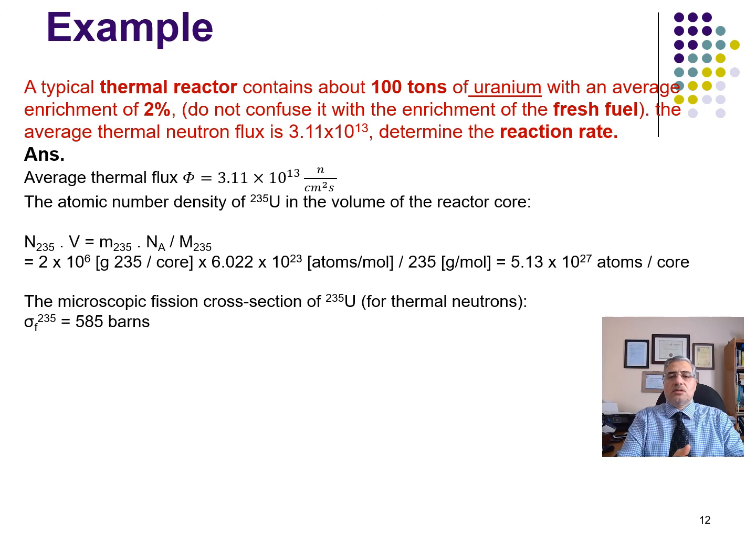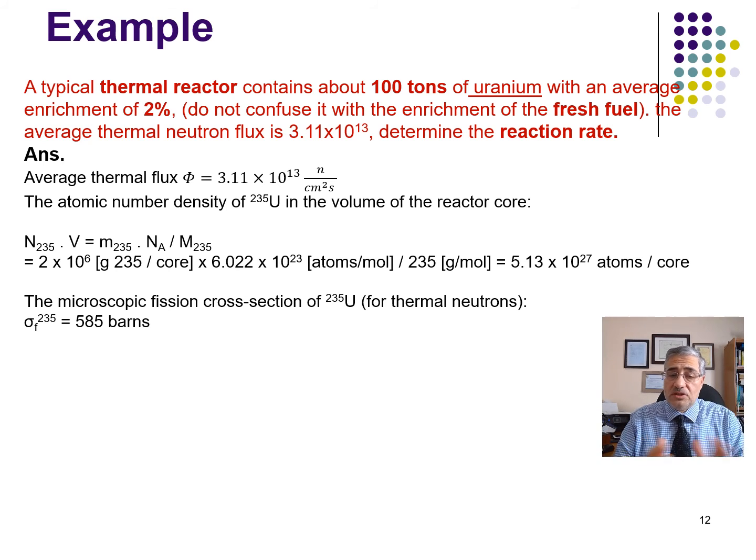Now let us see this problem and try to solve it. You have a reactor with 100 tons of uranium, with just 2% enrichment in uranium-235. That means only this amount will interact with the neutrons as the fissile isotope, and it's fresh.